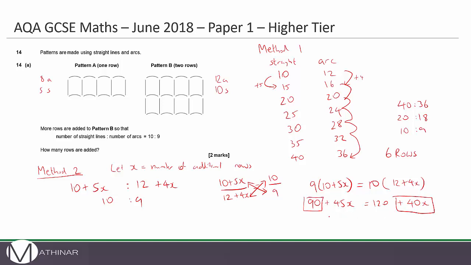So that will leave us with 45x minus 40x is 120 minus 90, so that's 5x is equal to 30, which means that x is equal to 6. So our final answer is 6 rows need to be added. So that's just an alternate method for question A. Both methods will get you full marks.